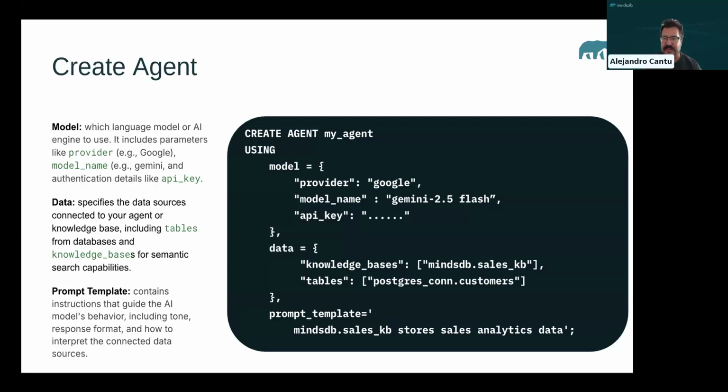Martina's going to do a very interesting conversation on how to use them. And lastly, we have the prompt template, which is more like the system prompt. You're familiar with system prompts in other instances, but the main idea is how do we tell this agent what's inside the data, how to search, how to query, giving it information so it can actually start looking and answering questions about your data.